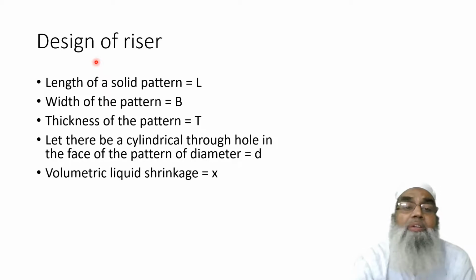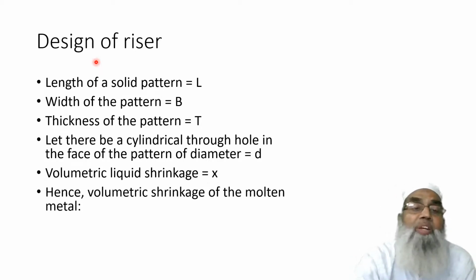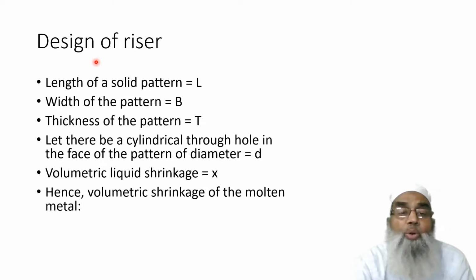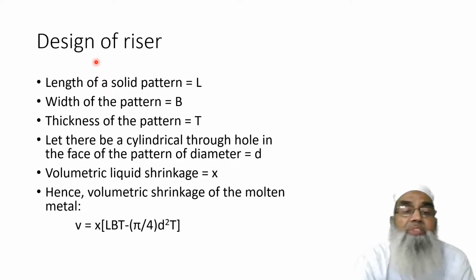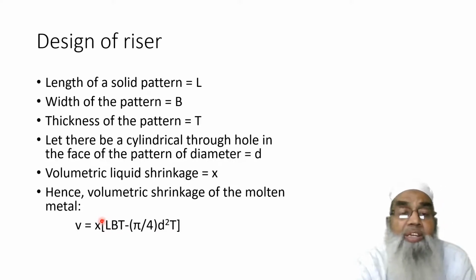The coefficient of volumetric liquid shrinkage is, suppose, x, and therefore we can find the total volume shrinkage of the molten metal, which is given by this equation. This gives the volume of the cavity, and x is the coefficient, and therefore this gives the volume of shrinkage.